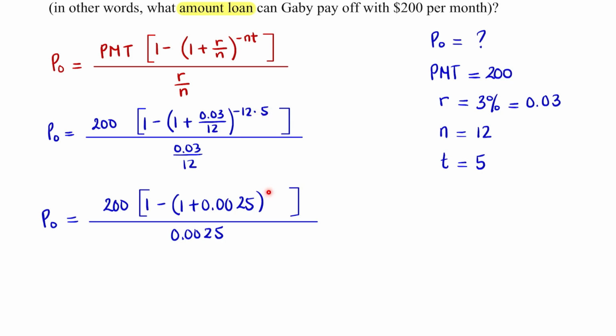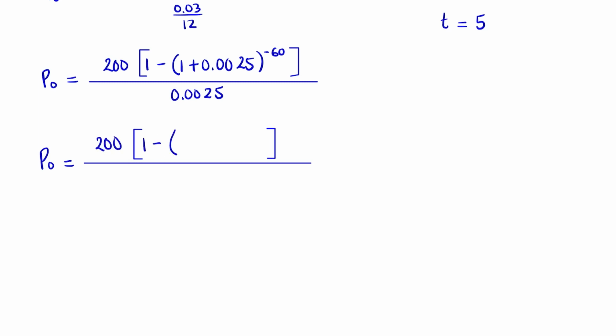So I replace that with negative 60. And then I'll take 1 plus 0.0025, which is 1.0025. And then I'll put this in my calculator. I'll take 1 minus 1.0025 raised to the negative 60 first, and then take that times 200, and then divided by 0.0025.